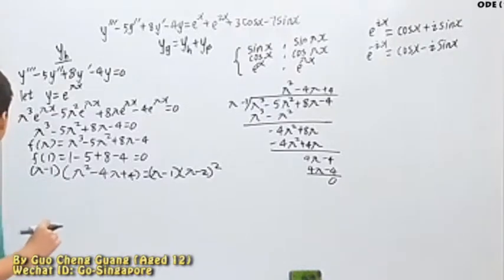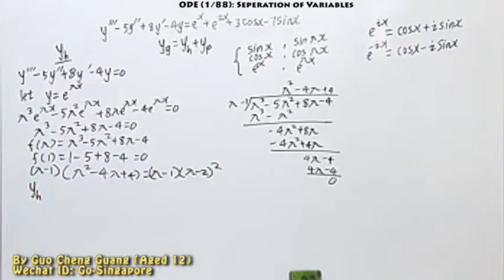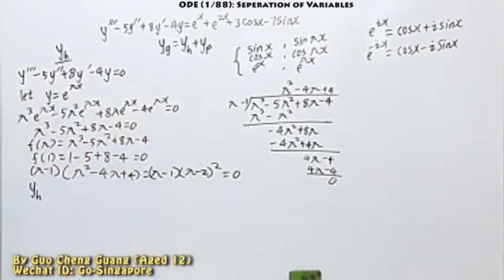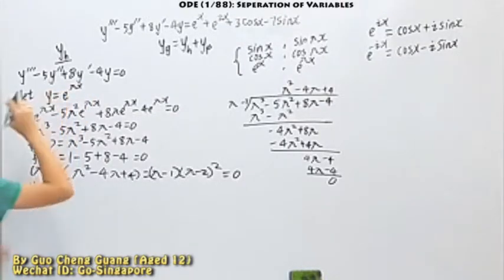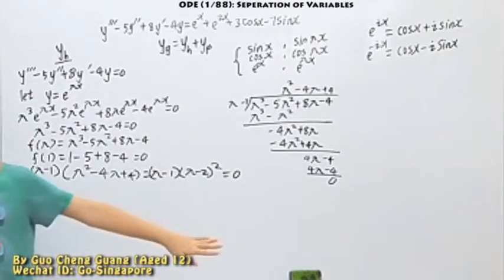Okay, so next. Wait, and this part has got to be 0. So that means you get YH. YH, you have e to the power of lambda x. Well, you can choose to write c here, but just telling you, when you simplify, the c will simplify off as well.